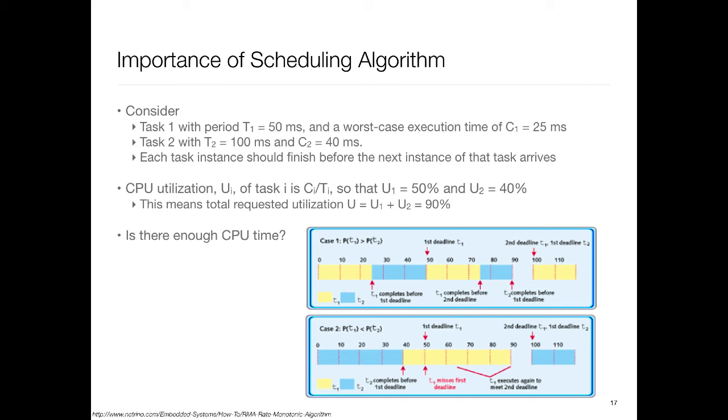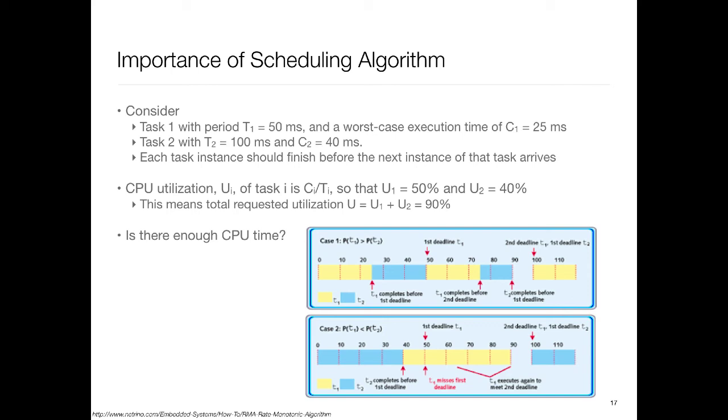At 75, the blue one again gets to run, and it will finish at t equal to 90. So both yellow and blue met their deadline, and now the CPU is idle until t equal to 100, at which time a copy of both yellow and blue will again arrive, and the whole process goes through again. So in this case, it's reasonable to say that the system will always meet the deadline.